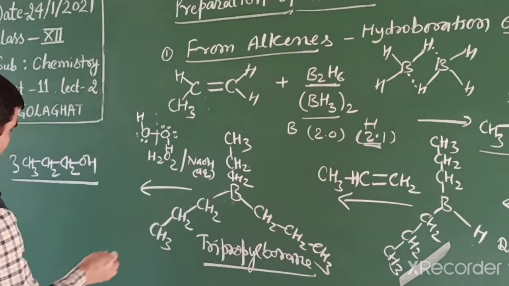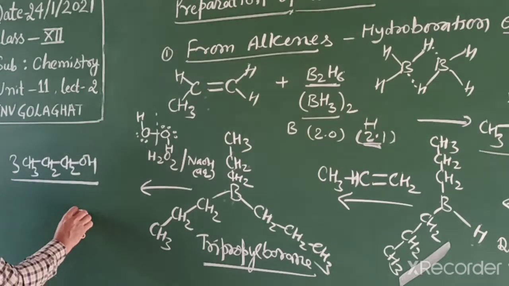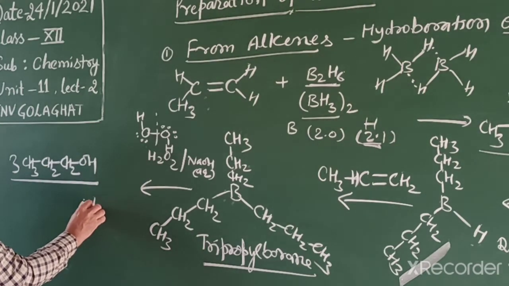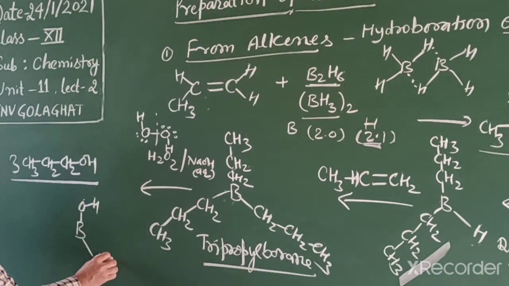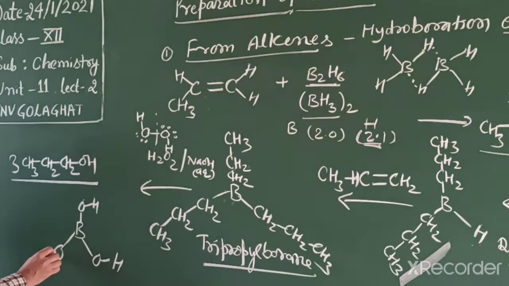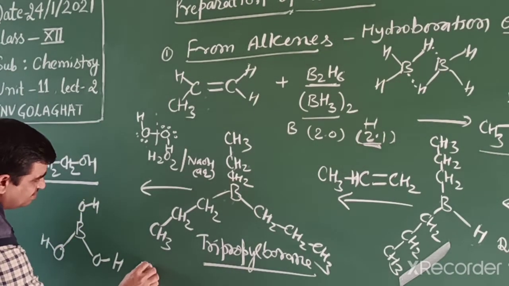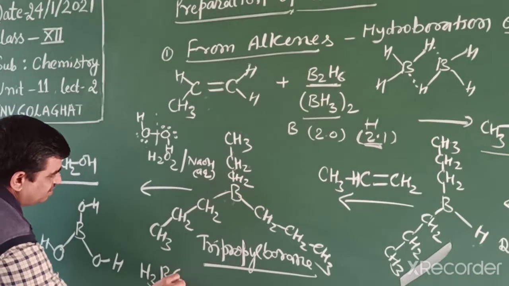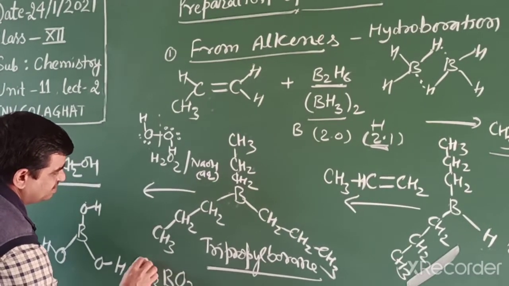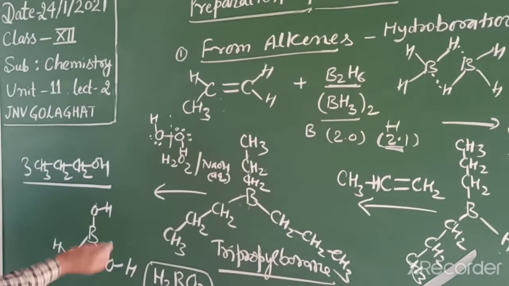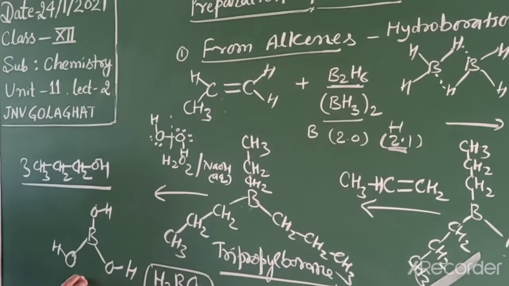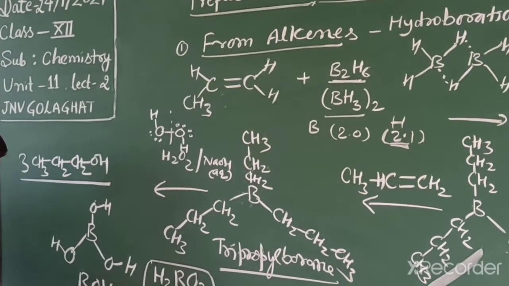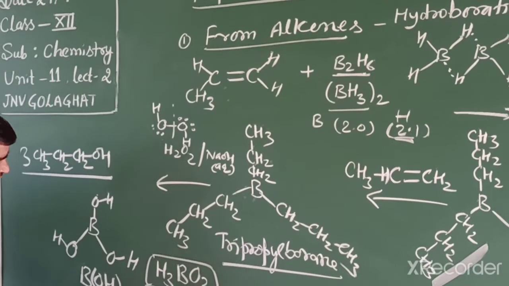And boron, what happens? We get boric acid, like this. This we can write as H3BO3, or we can write B(OH)3, boric acid.